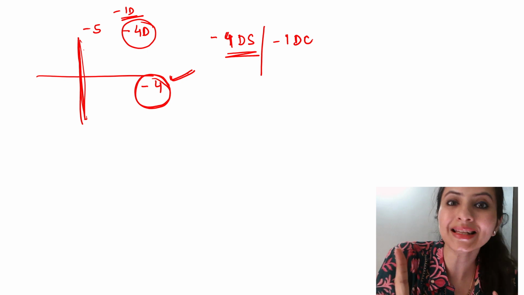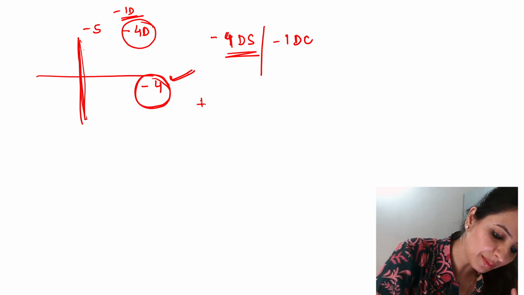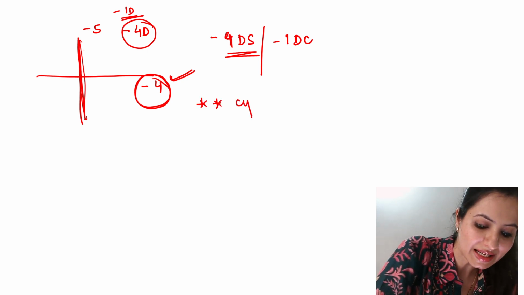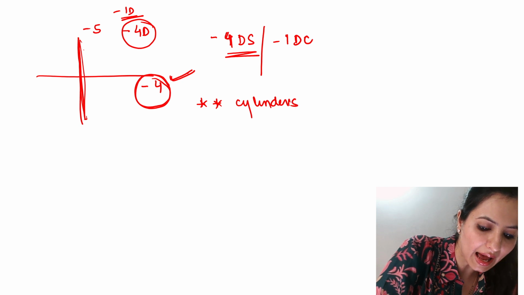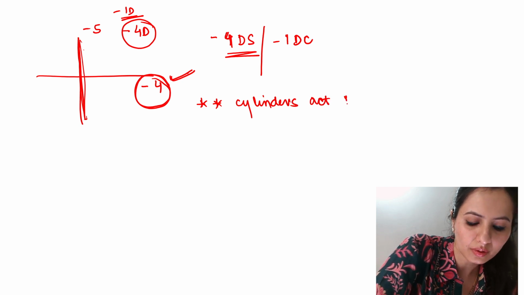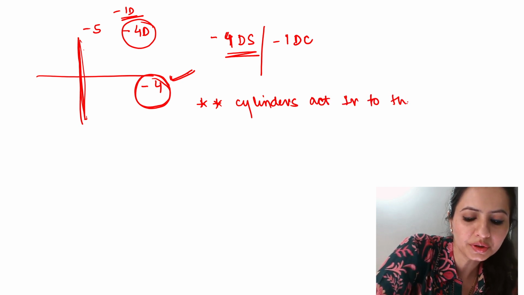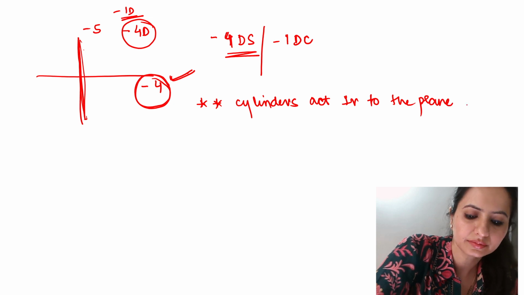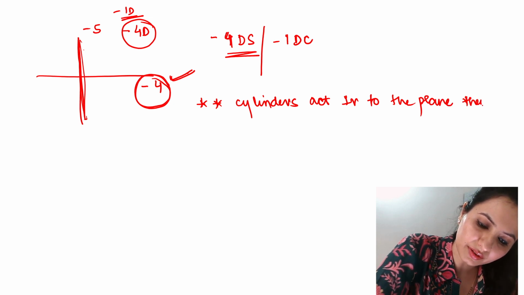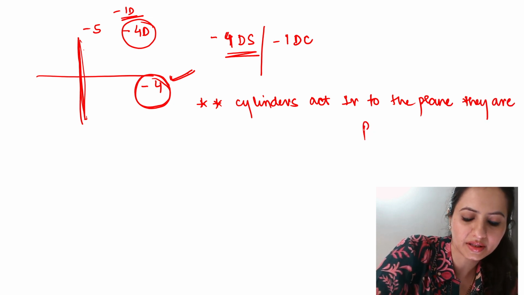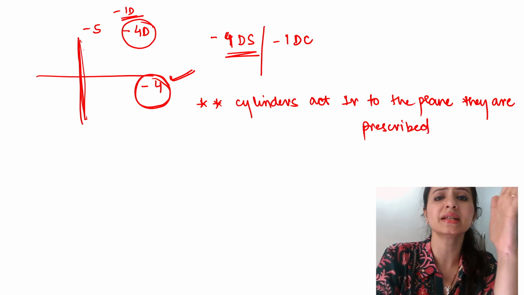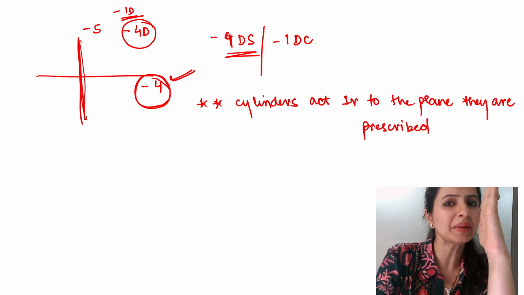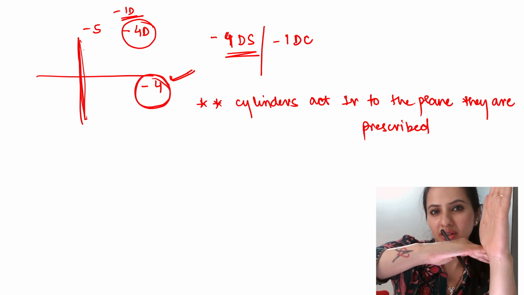Now looking at the axis, one very important thing you have to remember is cylinders act perpendicular to the plane they are prescribed. That means if you are giving a cylinder at the vertical meridian, it will act on the horizontal meridian.